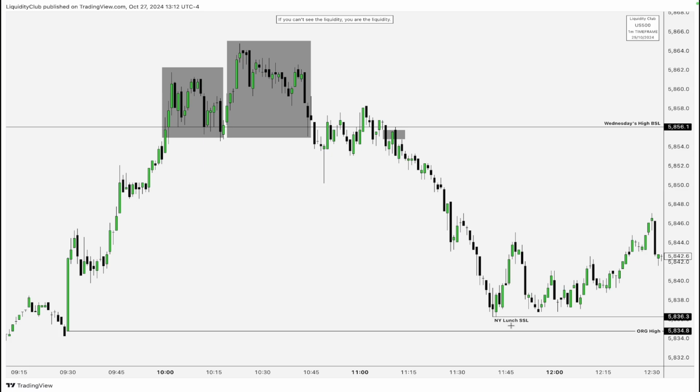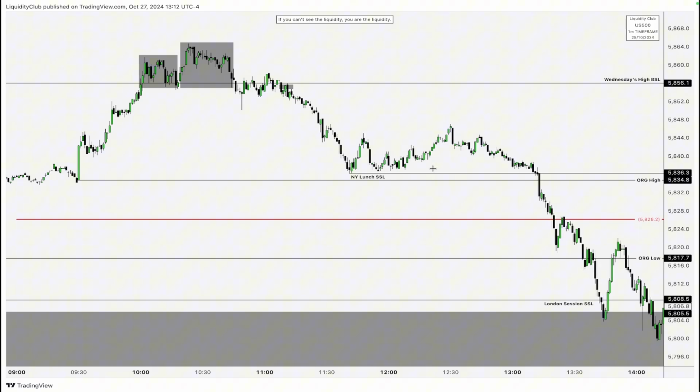Sooner or later, to your surprise, the moment we took out the buy side liquidity right there, we just kept pushing down lower, lower, lower. We traded into the consequent encroachment of that opening range gap, formed the low just near the opening range gap low, a bit of retracement into that fair value gap, and then pushed down below the opening range gap and into the London session sell side liquidity.